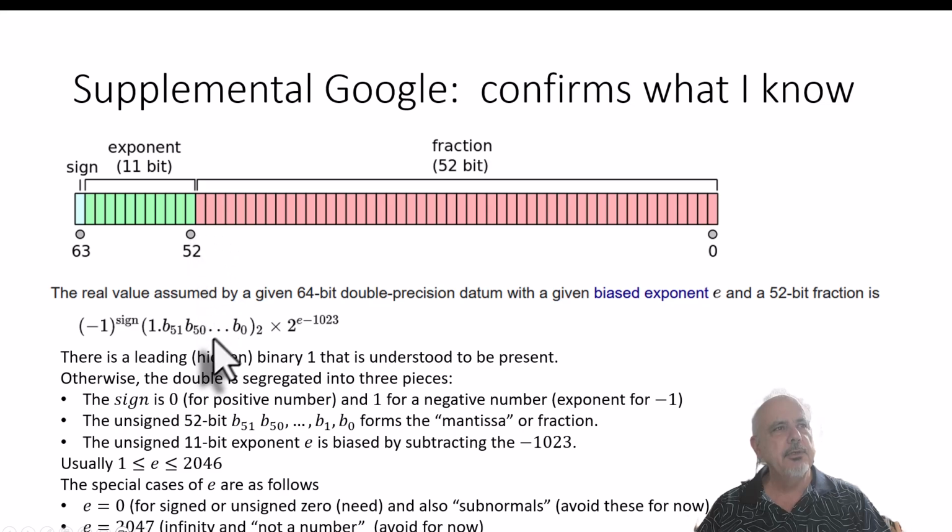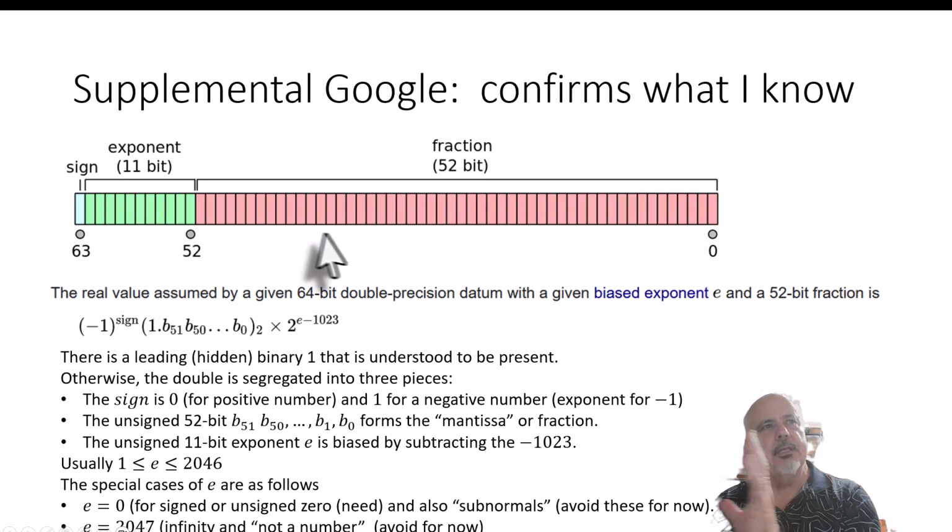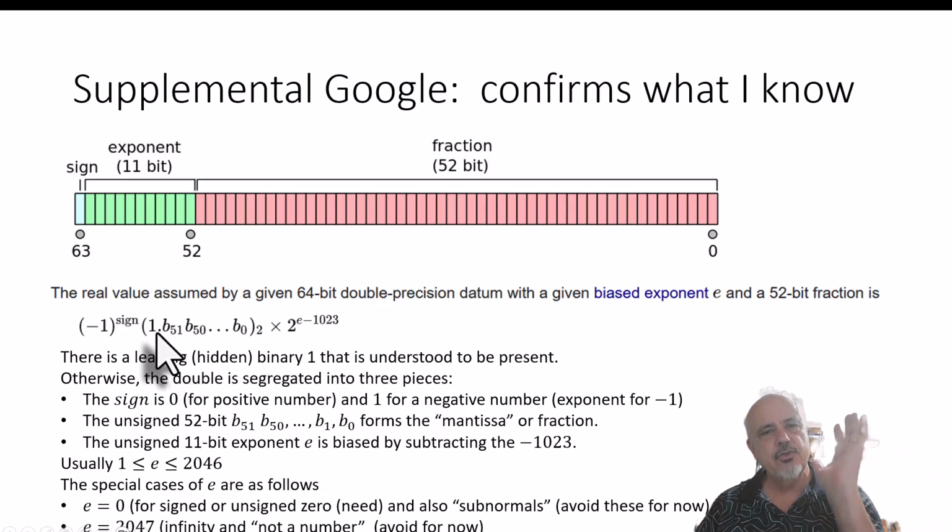Because here's a little bit of a gotcha, and this might make you a little uneasy, but there's a hidden 1 that leads all of these bits. There's always this 1, so it's normalized with that leading 1.